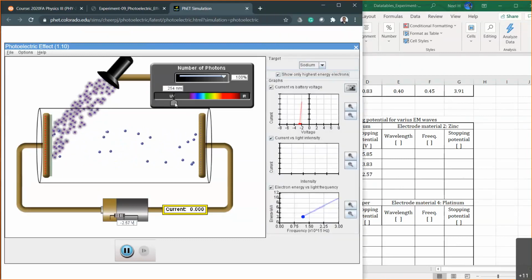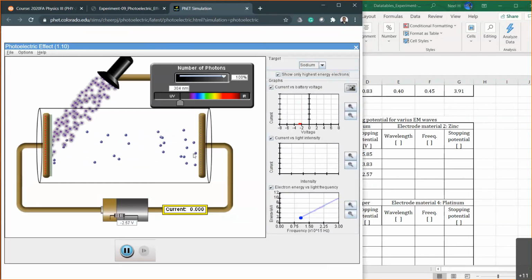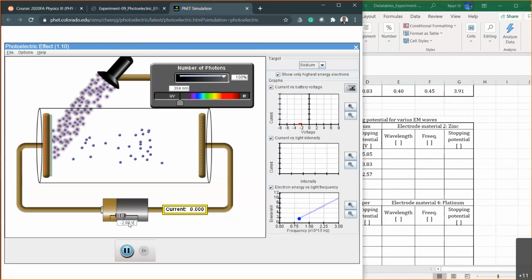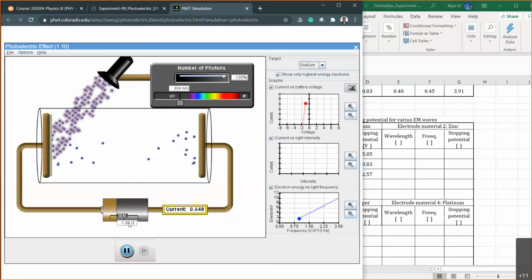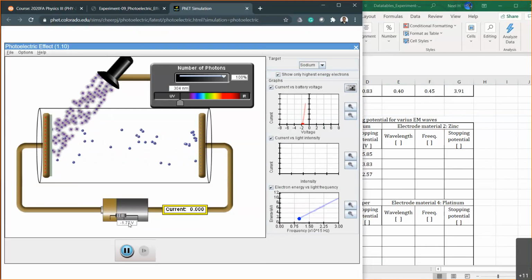Let's do at least 1 or 2 data points. Try anything close to 300. Seems 2.5 is much larger. Reverse potential 1.5. Try 1.7. 1.8 is too high, I think. 1.75. 1.77 is too high.